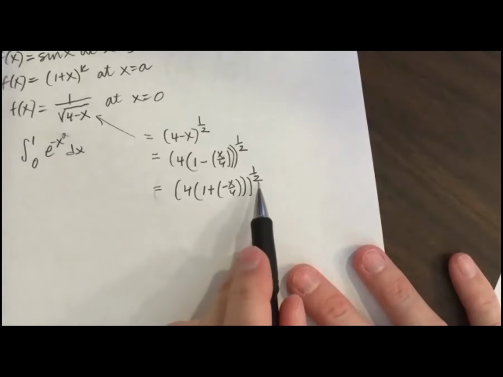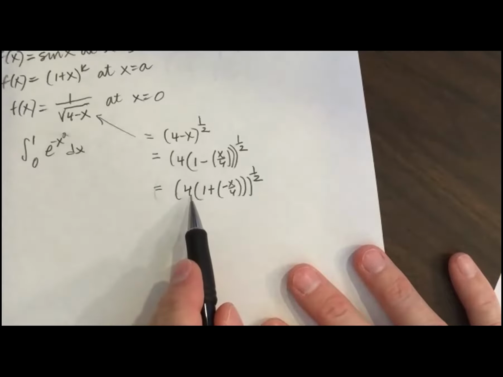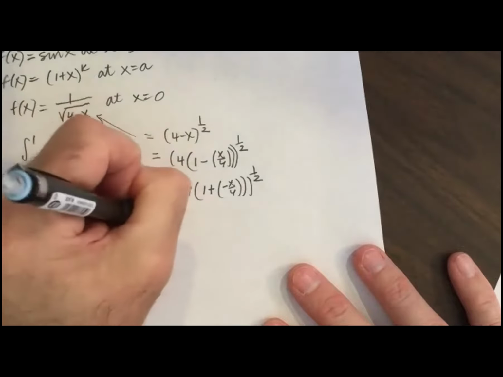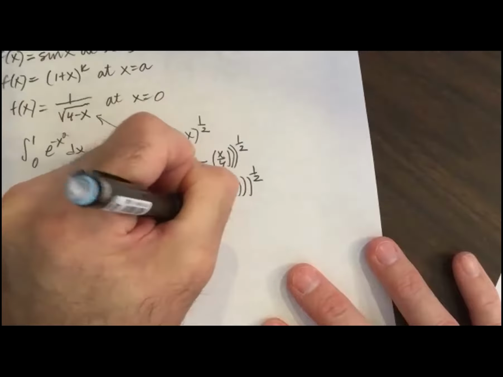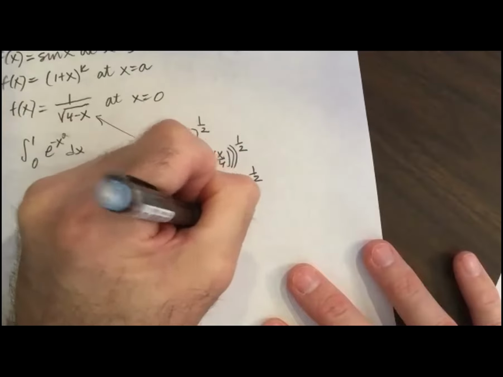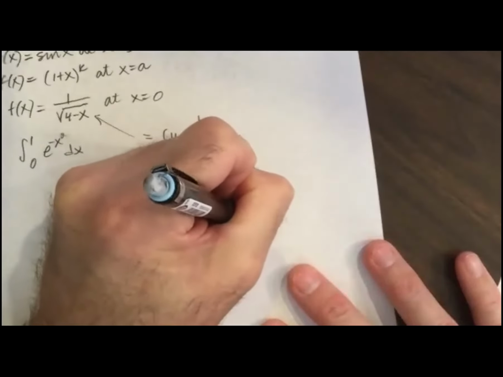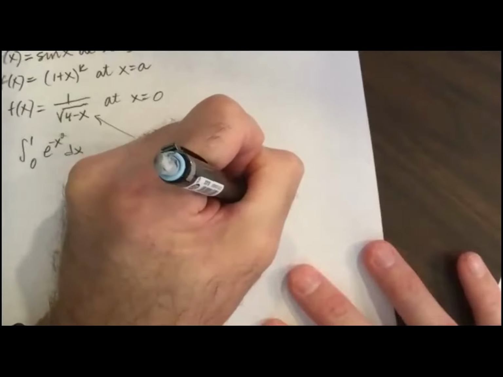And then wait a minute, this is the square root of 4, so that's just a 2. So if I write it out, I've got 2 times 1 plus the minus x over 4, right, to the half.